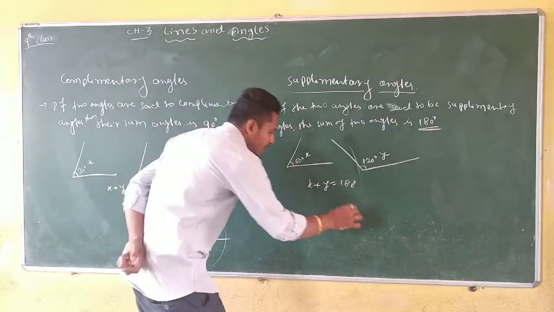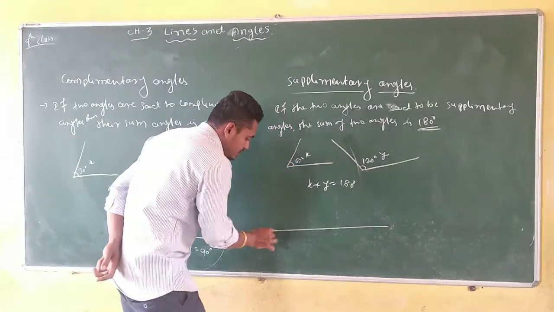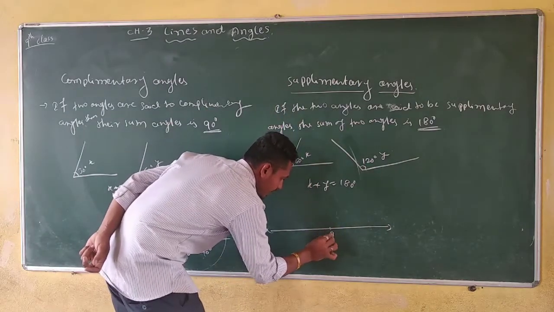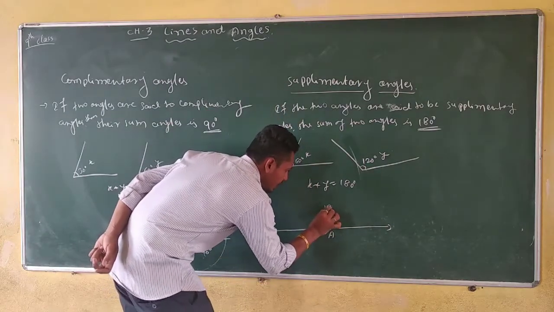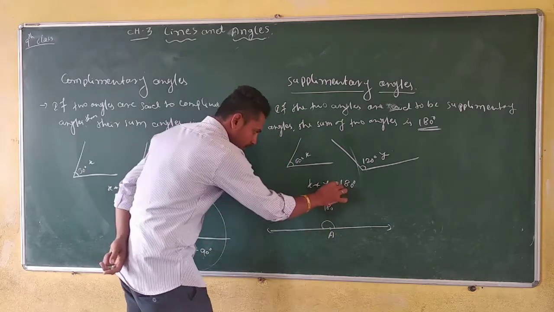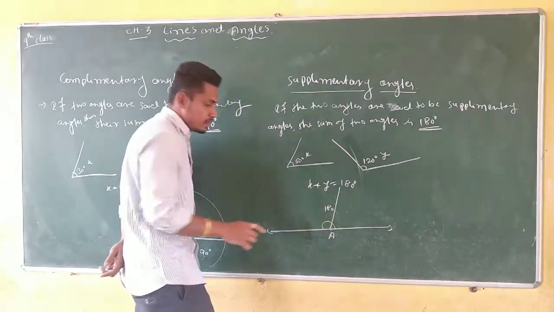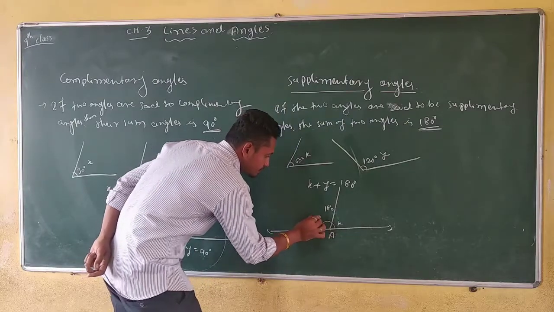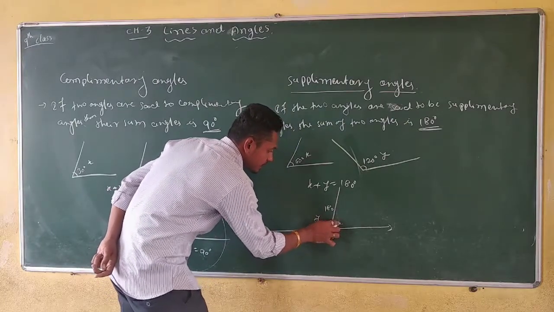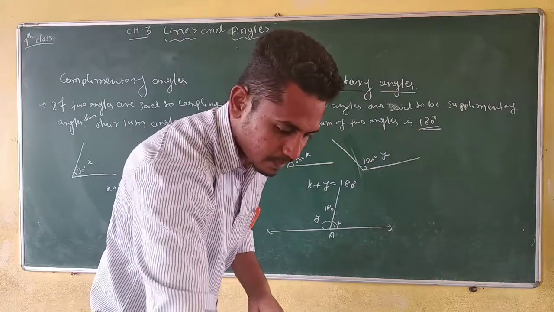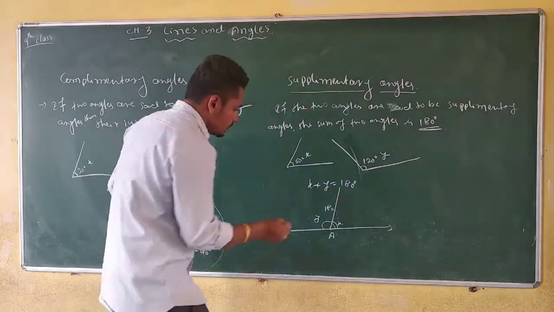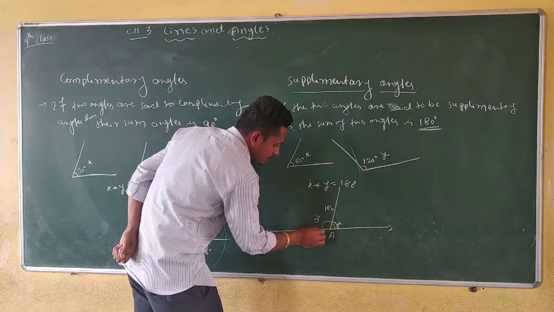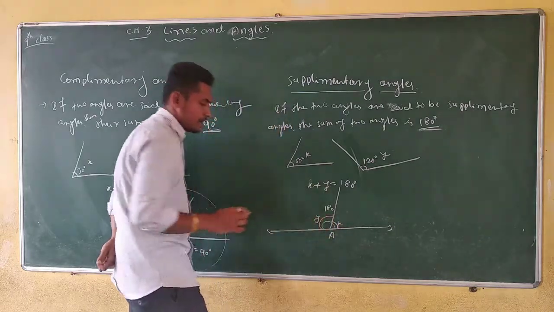Take another example. This is one straight line, this is vertex A, and this is a 180 degree angle. Take one common arm. This angle is called x and this angle is called y.